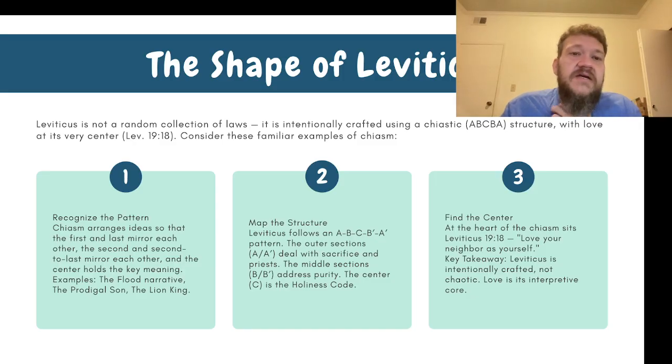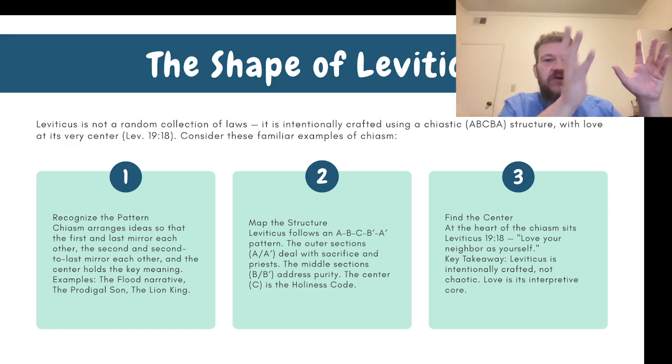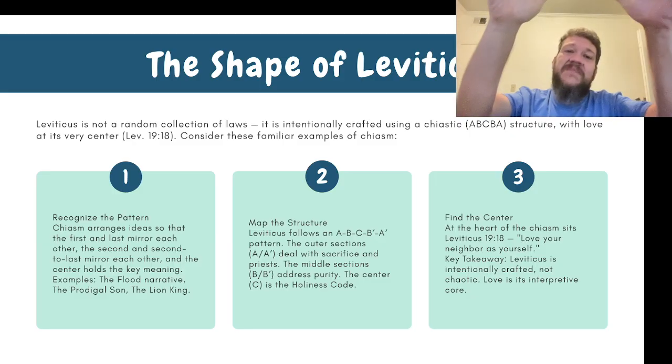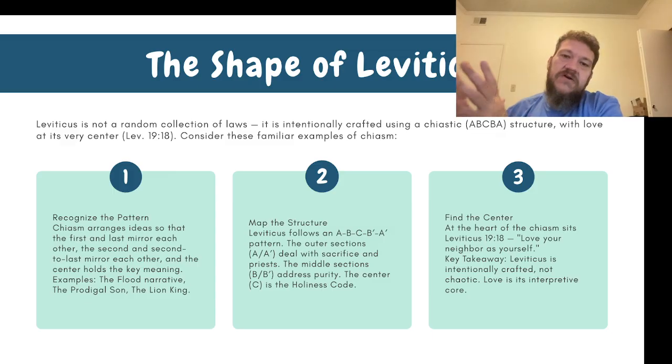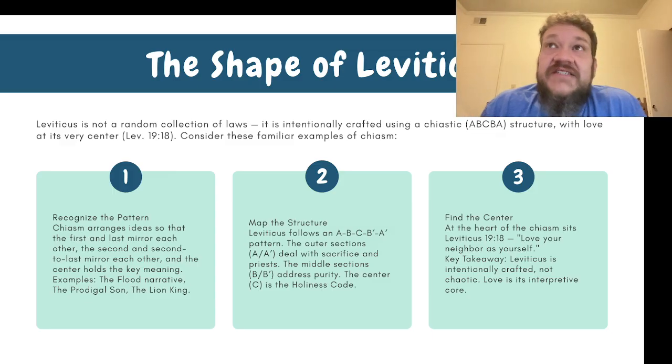Greco-Roman examples, the Odyssey. The Odyssey begins with this big departure, they're leaving, and then they go through trials, and then there's this big pinnacle revelation that happens, and then they go back through more trials, and then they finally return home. Greek tragedy, the stories of like Icarus and other Greek tragic heroes.